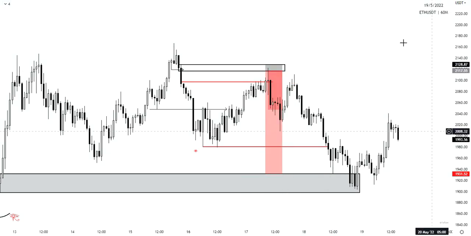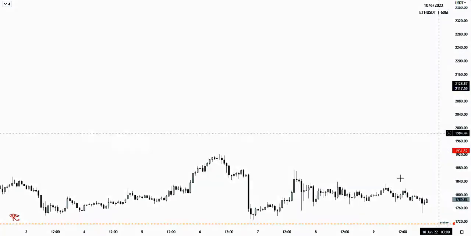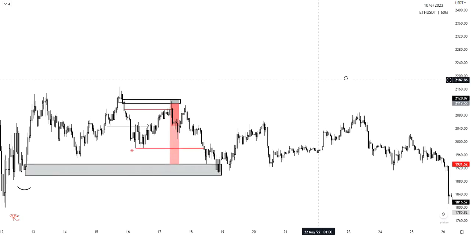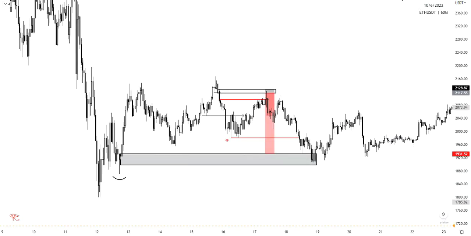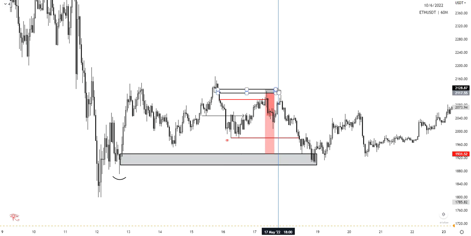Structure is broken to the downside. Let's bring this back a little bit more for you guys to make this easier. Bring me replay mode over here.